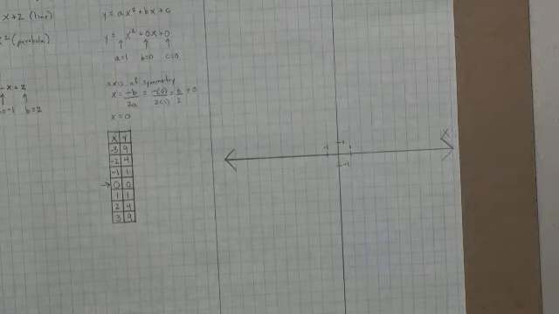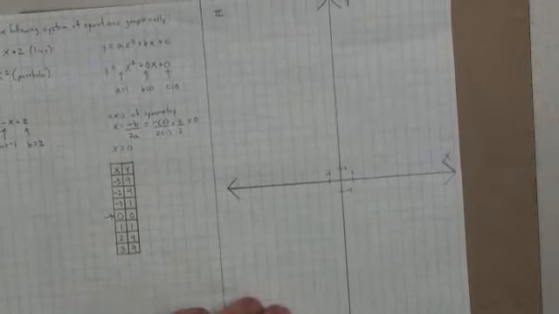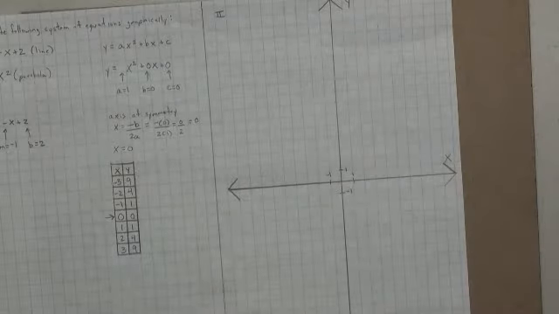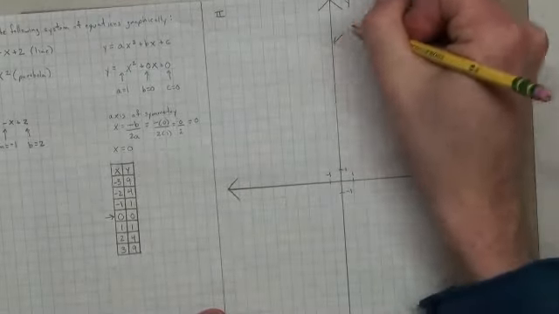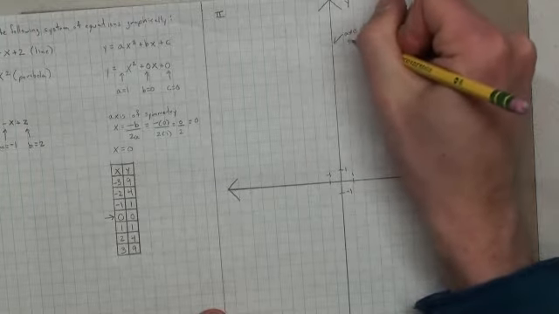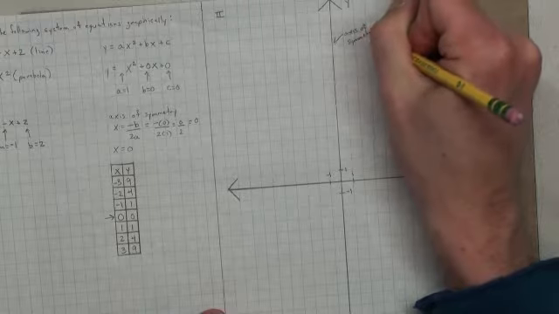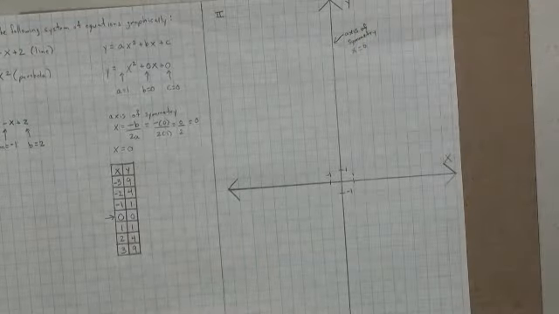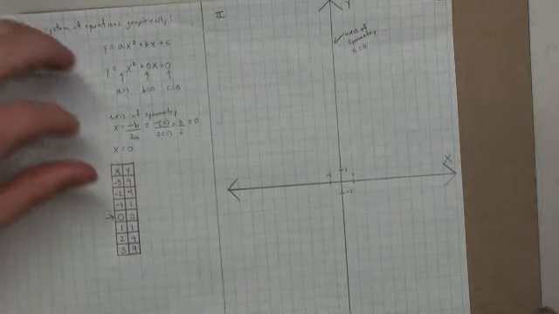Now, let's start with the axis of symmetry. Actually, well, it's right on x equals 0, which is the y-axis. So I'm just gonna label my y-axis, axis of symmetry, x equals 0. I'm not actually gonna draw a dashed line on top of that line. You don't have to do that.